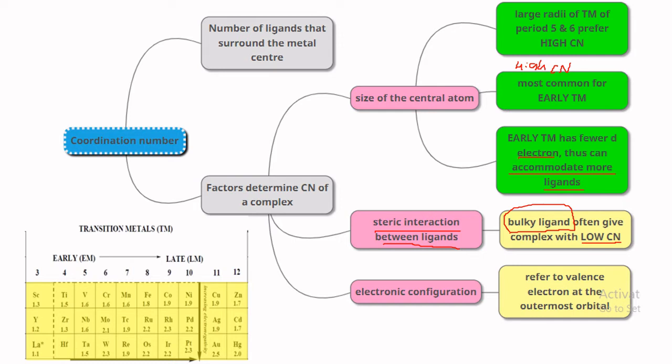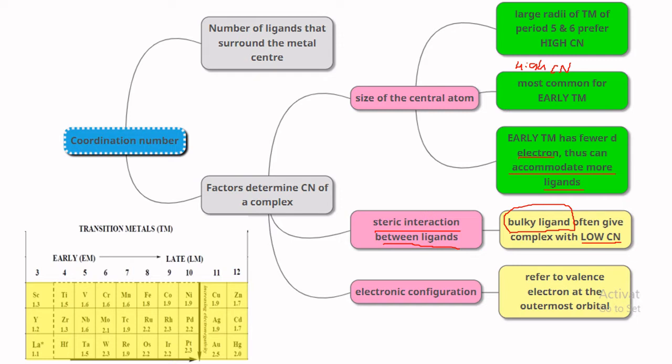So if your ligand is bulky and they repel each other, they prefer not to have so many of that bulky ligand in that type of complex.